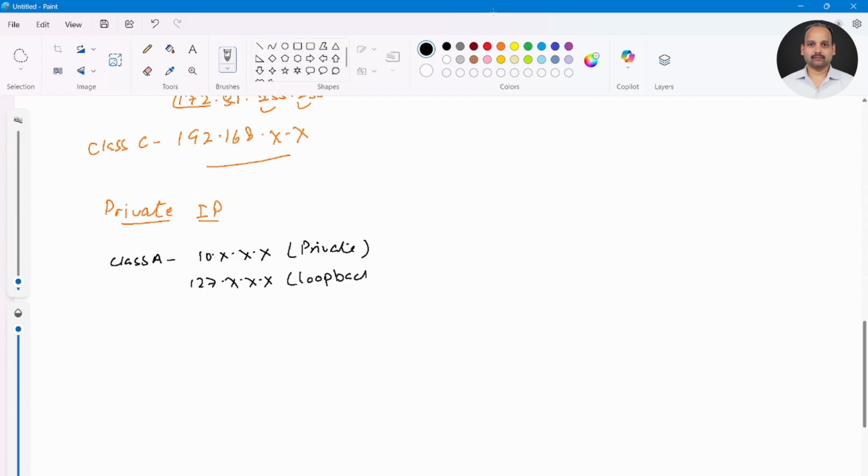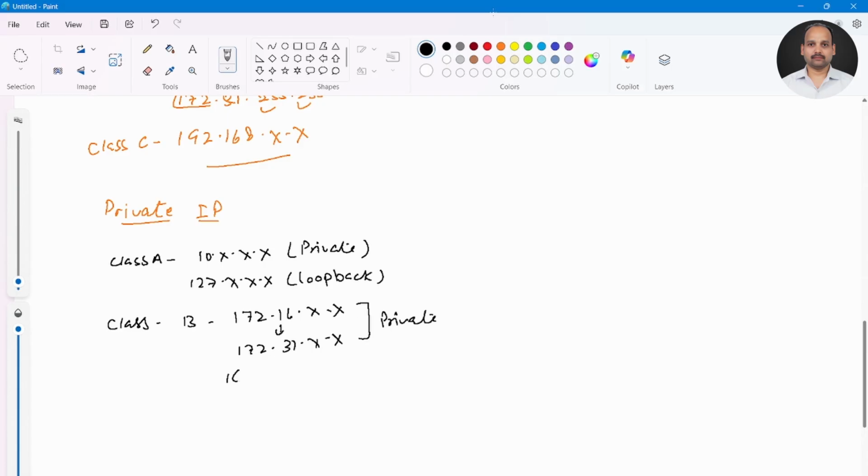And for class B, one range is 172.16.x.x to 172.31.x.x. This is called the private address.